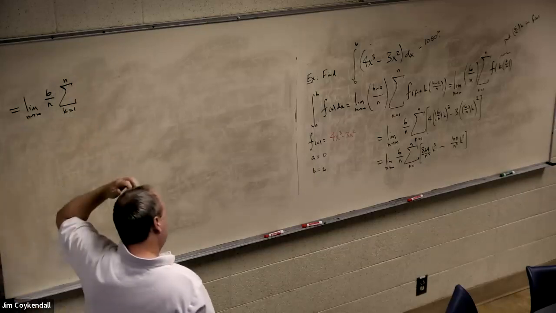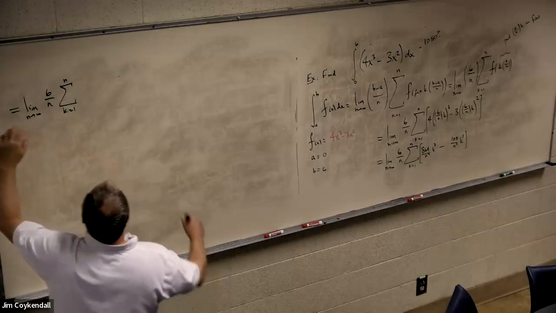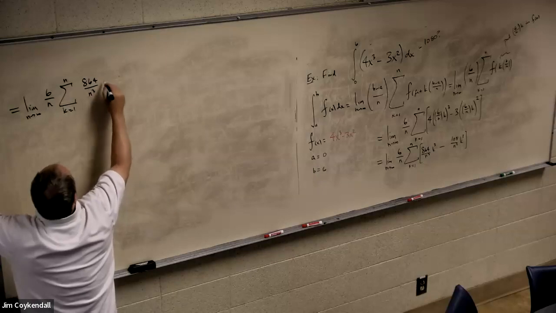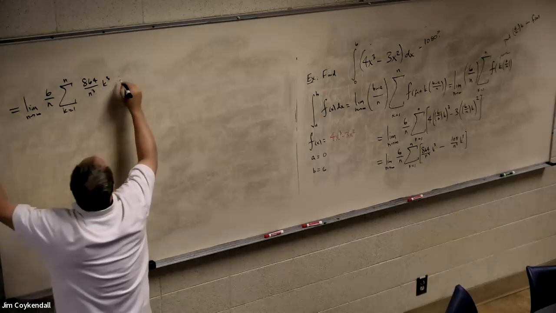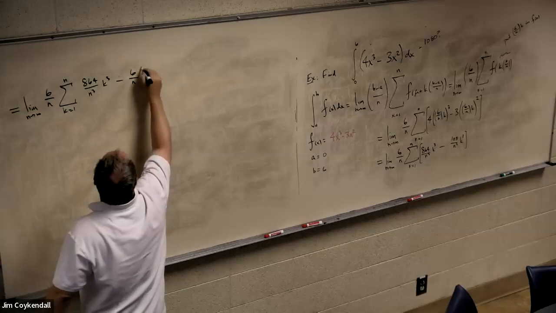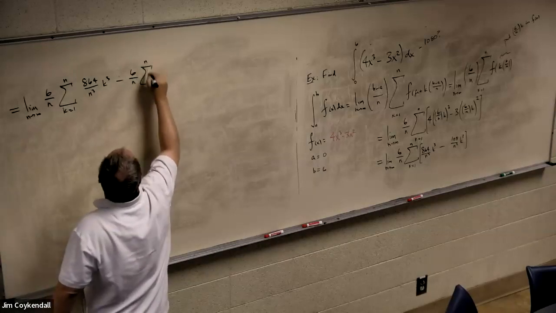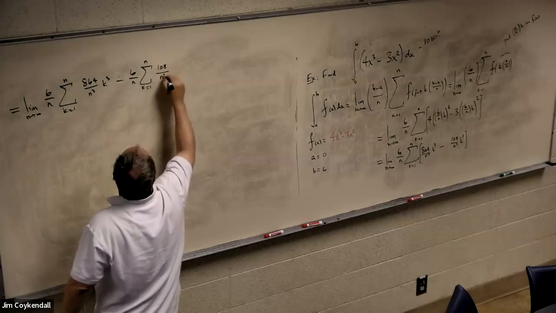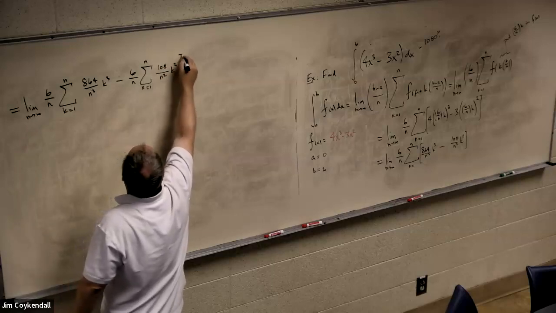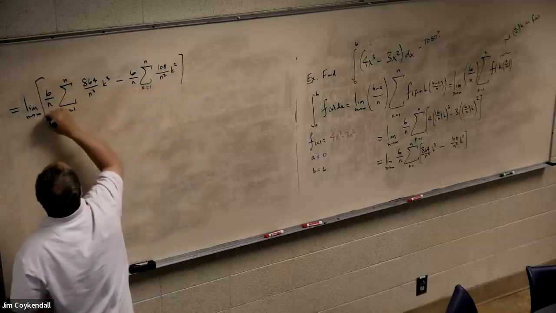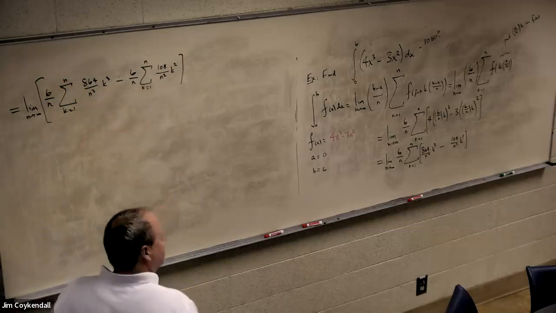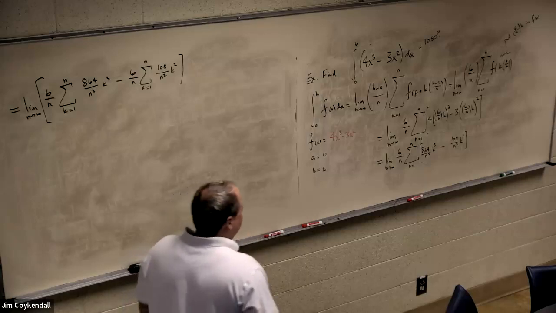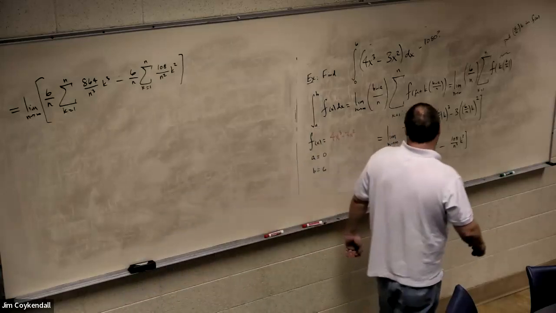I got 864 over n cubed times k cubed, minus 6 over n times 108 over n squared times k squared.